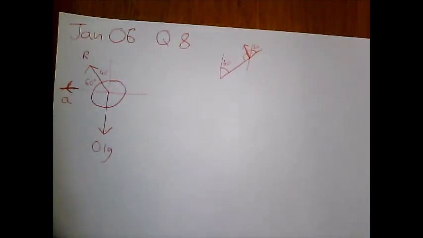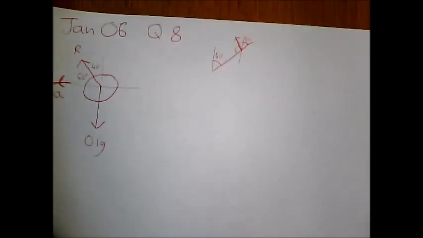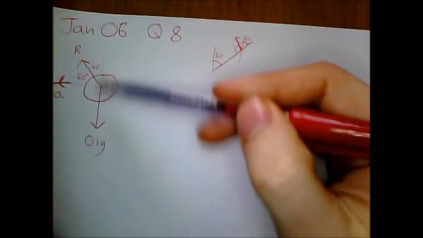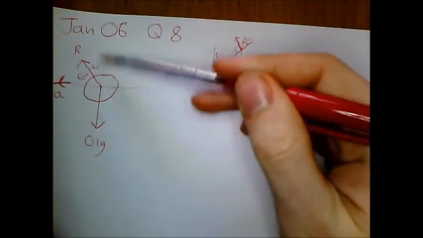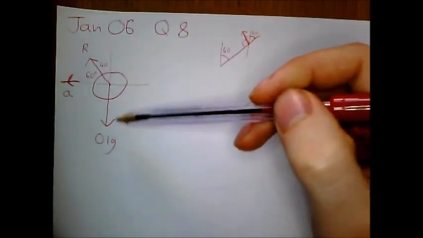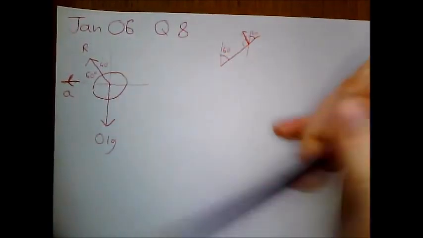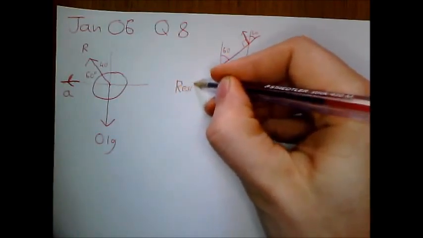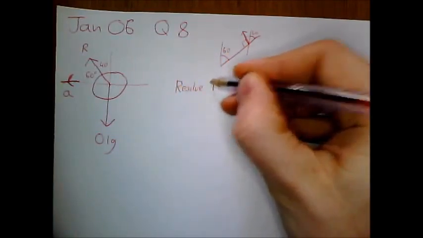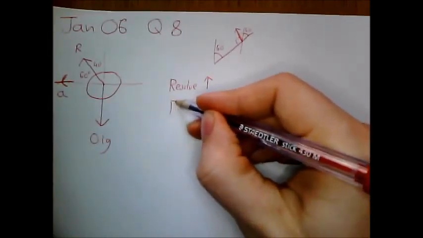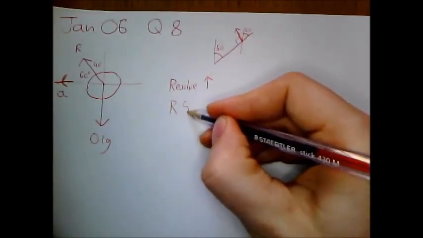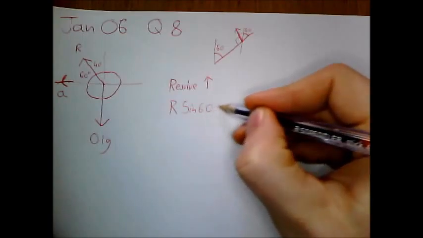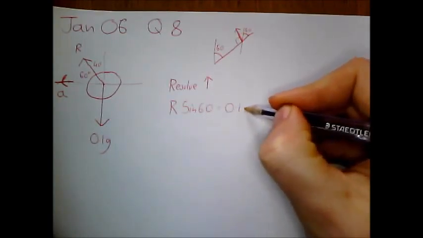Now for part I, it's fairly simple, because if we look resolving vertically, we can see there's only going to be one unknown, which is the reaction force. So resolving upwards, we have R sine 60 equals 0.1 g.